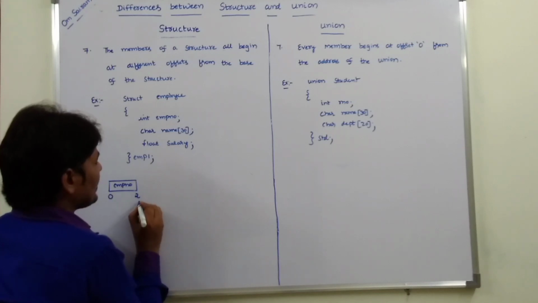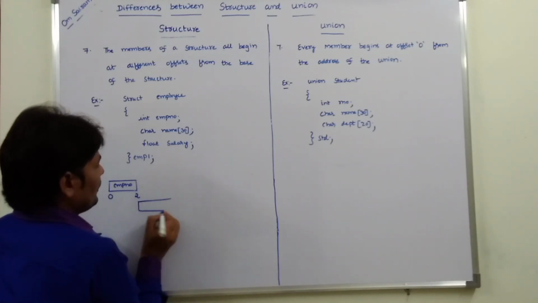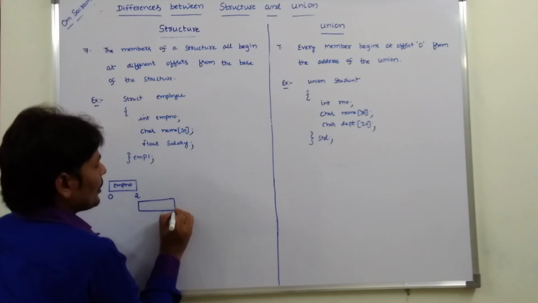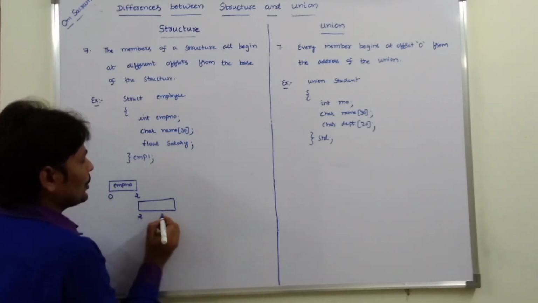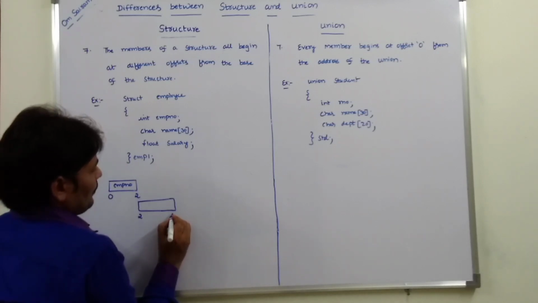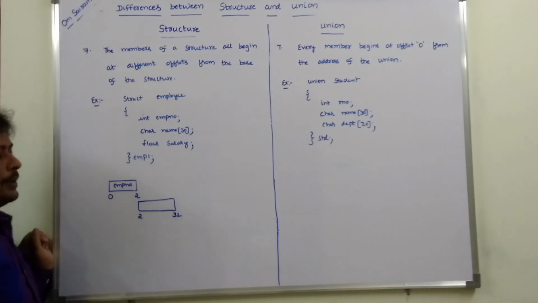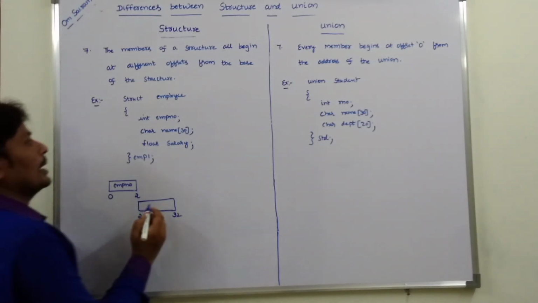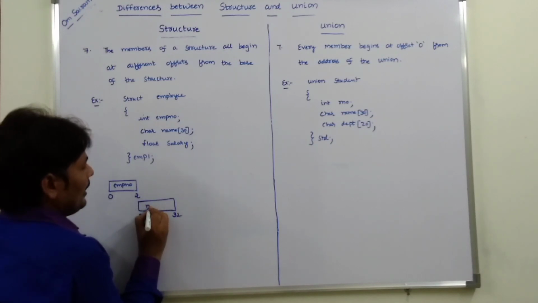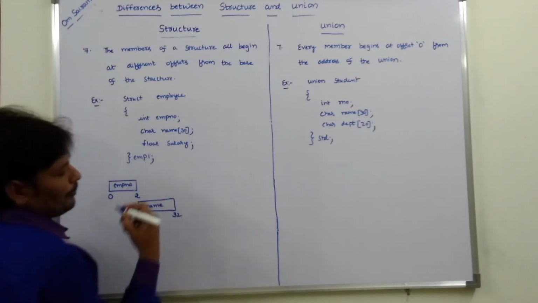Employee name occupies 30 bytes. So this is 2 to 32. So difference between is 32 minus 2, that is 30. So 30 bytes are occupied by employee name.